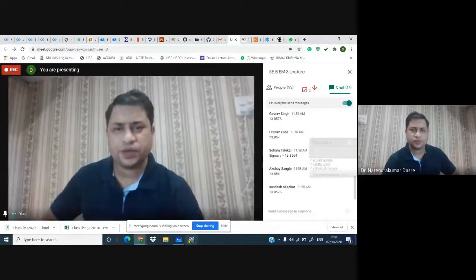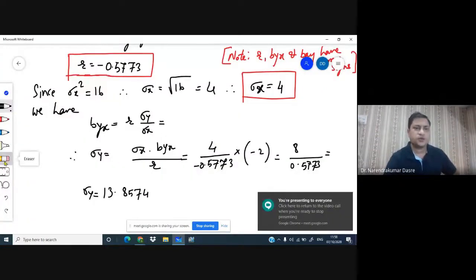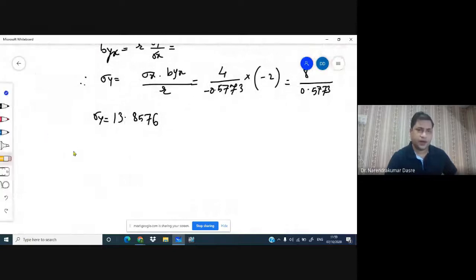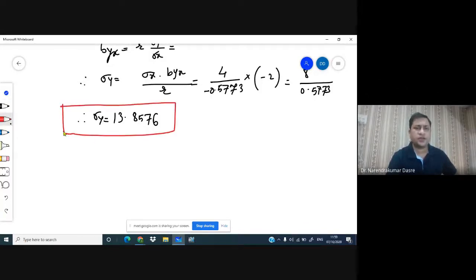So we have the value of sigma y, which is about 13.857.